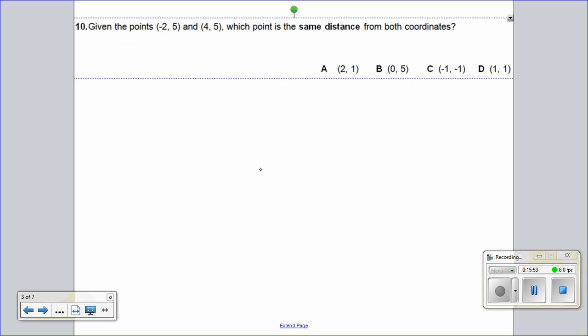Now for number 10, you're going to have to do the same process, but 4 times. So let's get started. Again, I'm taking answer choice A first, 2, 1, and I'm finding the distance between A and -2, 5 first.